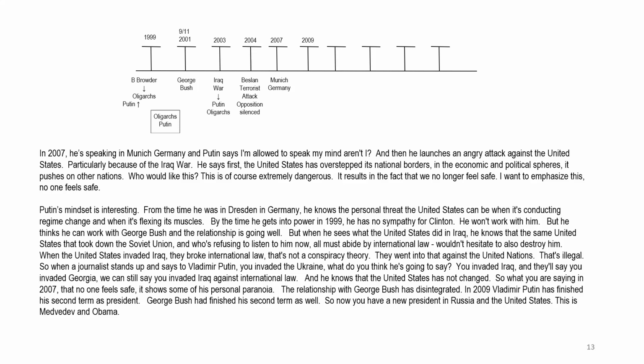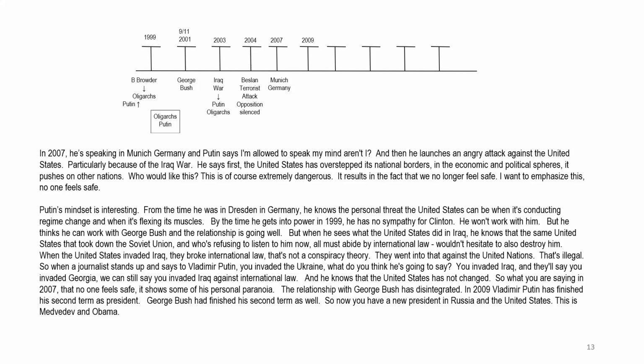Putin's mindset is interesting. From the time he was in Dresden, Germany, he knows the personal threat the United States can be when it's conducting regime change and when it's flexing its muscles. By the time he gets into power in 1999, he has no sympathy for Clinton. He won't work with him.